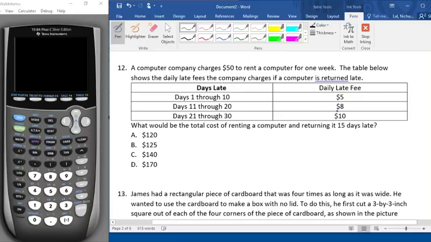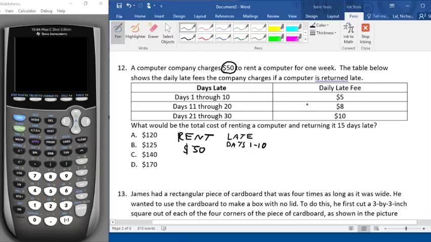So, first of all, if you rent the computer, it's going to cost you $50 initially. Then, for the first 10 days late, so for days 1 to 10, it's going to be from day 1 through day 10.